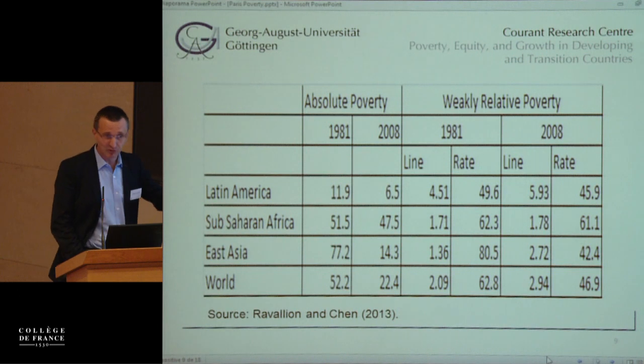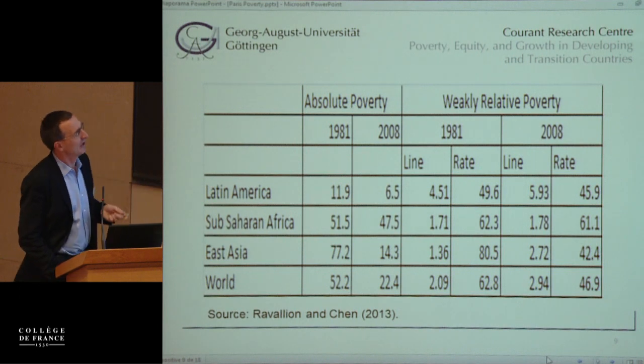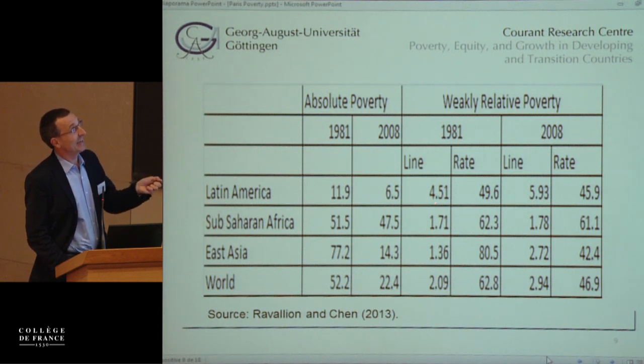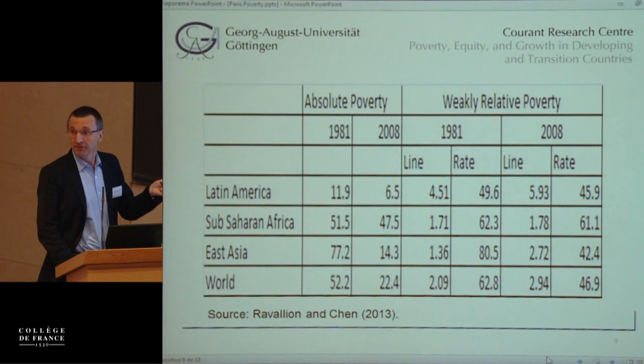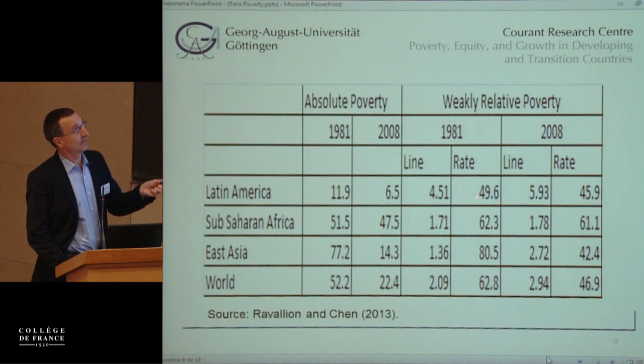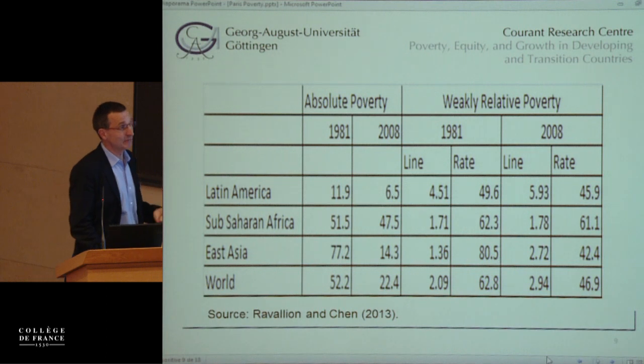We're in the tail of the distribution, lots of measurement error and so on. If we took weakly relative poverty, the line in Latin America in 1981 would already have been $4.51 and rising to $5.93 in 2008. And then, of course, poverty would be 49, going down to 45%, a very serious issue.